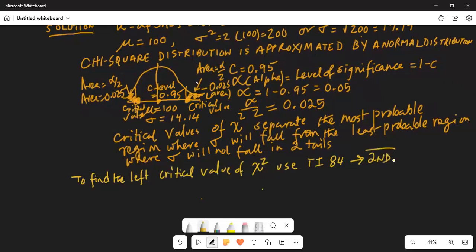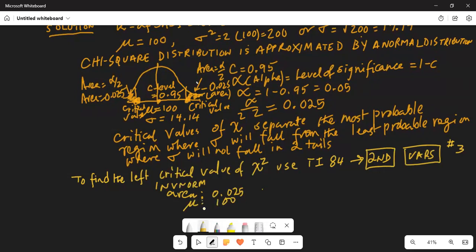Press second, then the vars button, which is in the third row, then scroll down to number 3, invNorm. Inside invNorm, the area in the left tail is 0.025, mu is 100, and sigma is 14.14.